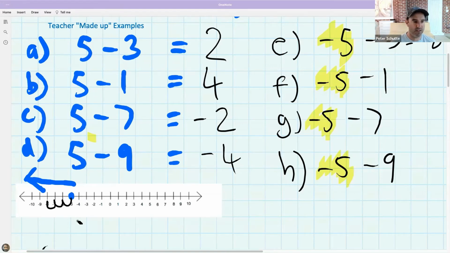Now, as long as you understand where -5 is on the number line, and you understand in which direction to go if you're subtracting or which direction to go if you're adding, this will make a lot of sense to you. And so the next one for F is going to be -6 because you just move 1 unit to the left.